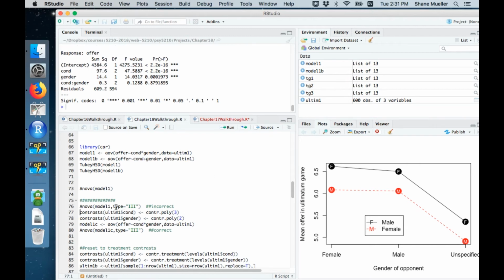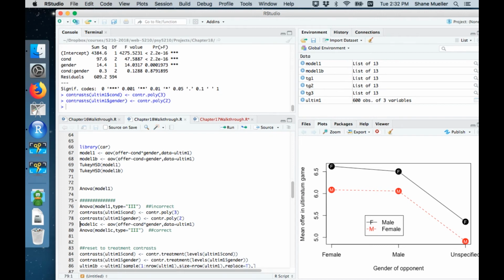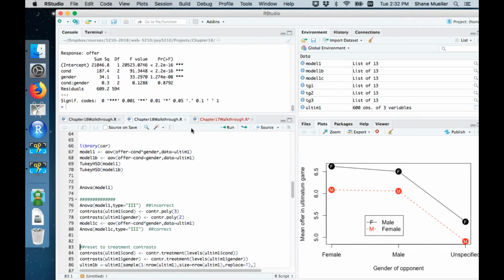So in general, this is going to be wrong because the contrasts are not centered and orthogonal. So we want to recode these into ones that are, and we could use contr.poly for each of these. Condition has 3 levels and gender has 2 levels, so we can do that just like we've done in the one-way ANOVA chapter. And we can run this again. So this would be the right way to do the type 3 ANOVA.